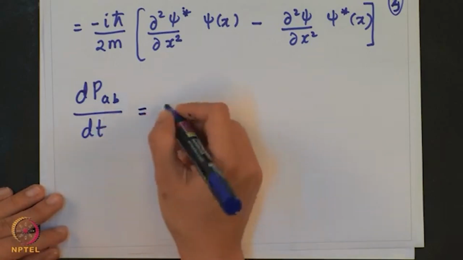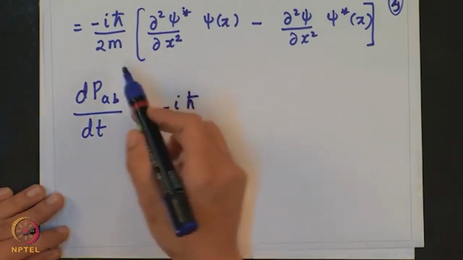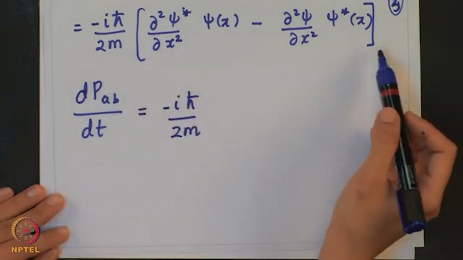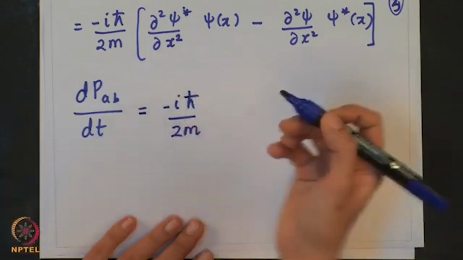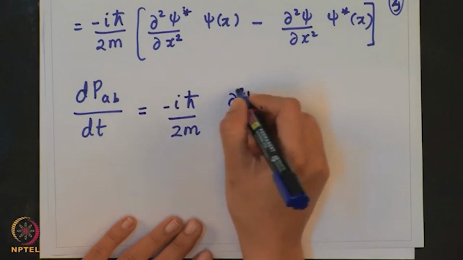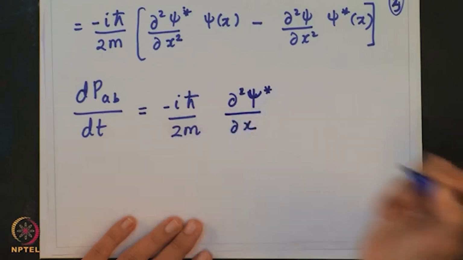So, this would give me simply this expression, there is an integral dx. When you do integration by parts, what you obtain is d psi star by dx. Okay.